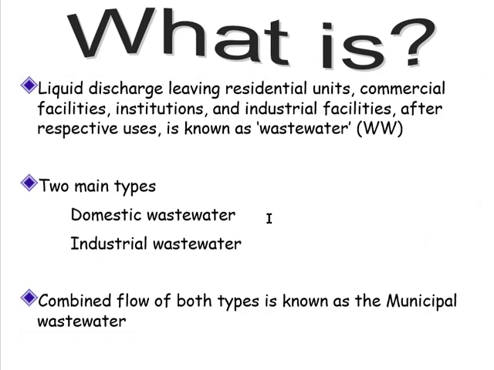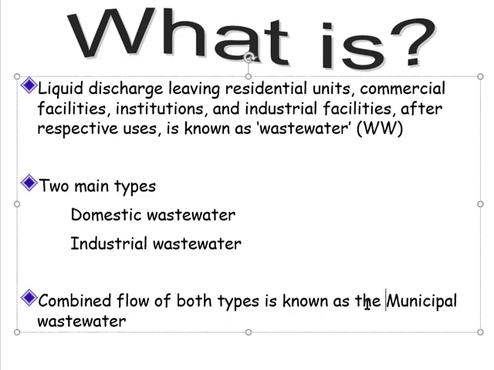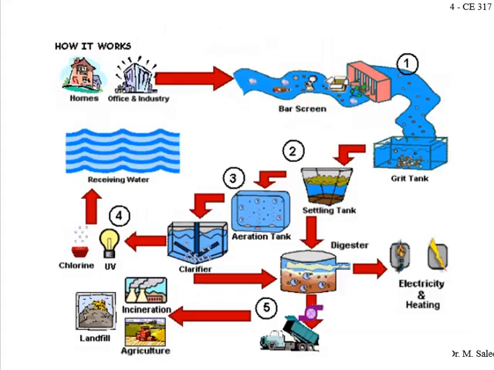Generally, domestic wastewater has more organic components, like food waste, kitchen waste, and toilet waste. In industrial wastewater, most of the chemicals are those which they are using in the industry. If we combine both of them, it is known as municipal wastewater. The combined domestic and industrial is the municipal wastewater. So this is the classification.